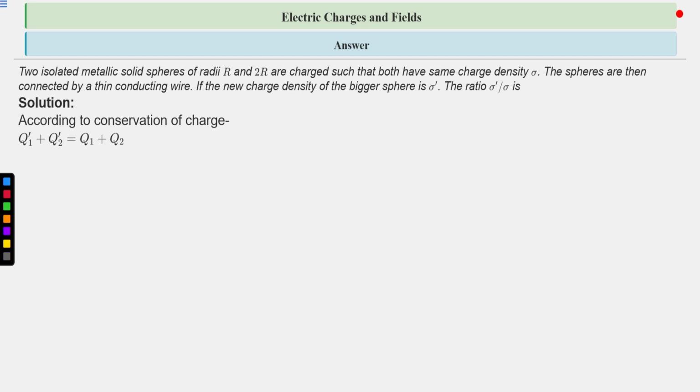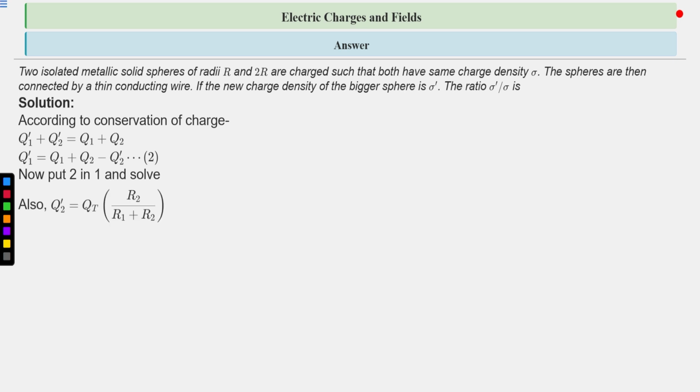Means q1 prime plus q2 prime is equal to q1 plus q2. Now q1 prime is equal to q1 plus q2 minus q2 prime. Put this equation as 2. Now put 2 in 1 and solve it.